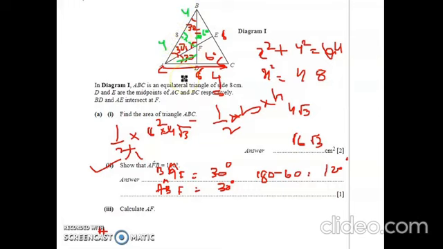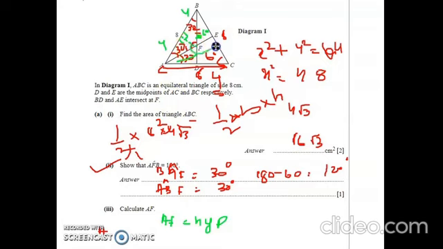Okay, so we can use the trigonometric ratios. All right. So AF is our hypotenuse.